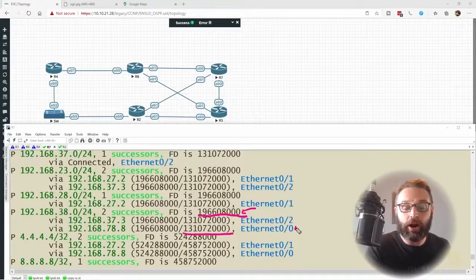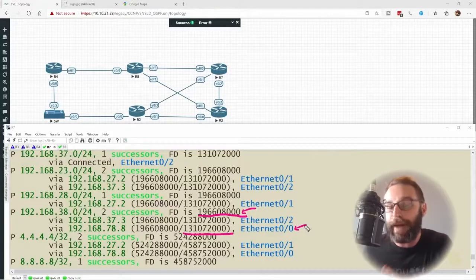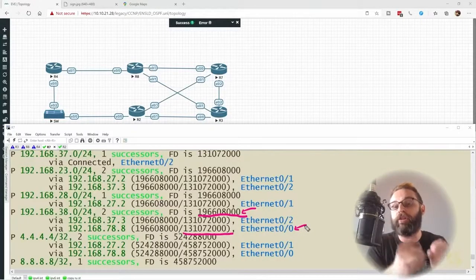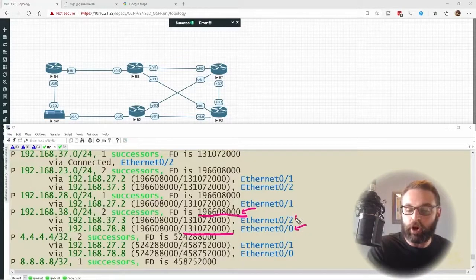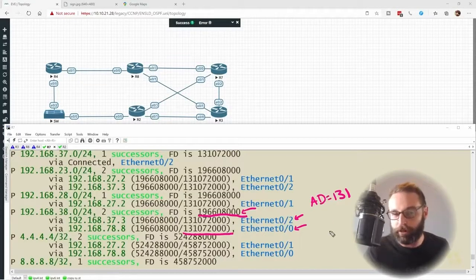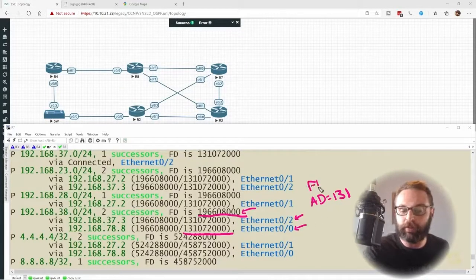But then for us to use any other backup routes, they would still have to sit closer to the target than we are. So in this case, R3 is advertising a distance of 131, right? I'm going to write an advertised distance of 131 again for abbreviation's sake. And then we calculate our feasible distance of 196.